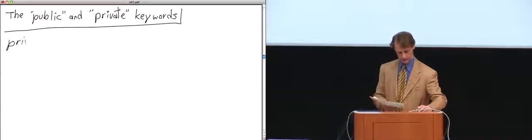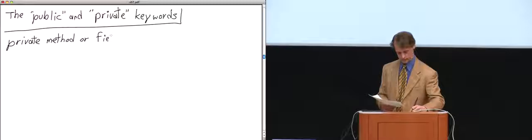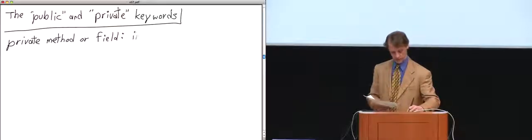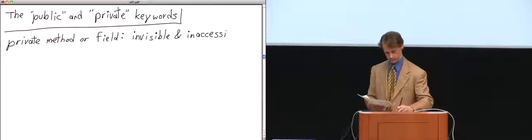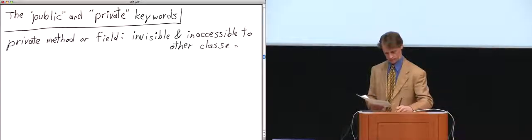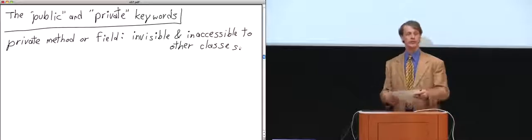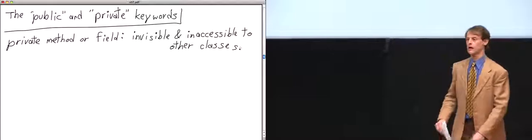A private method or a field is one that's both invisible and inaccessible to other classes, and can only be used within the class in which that field or method is declared.